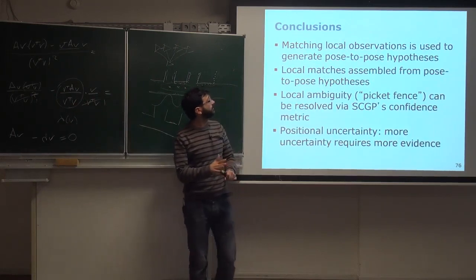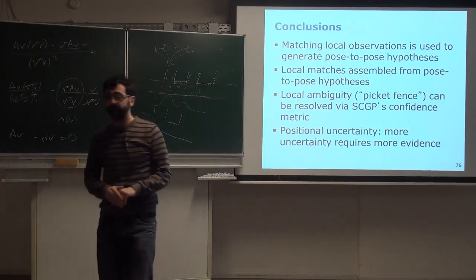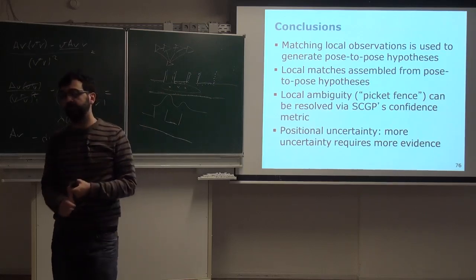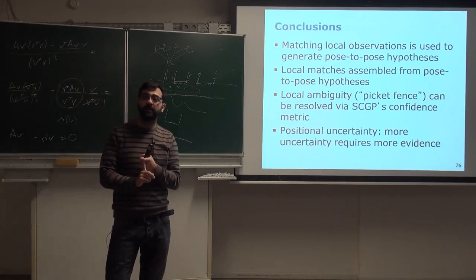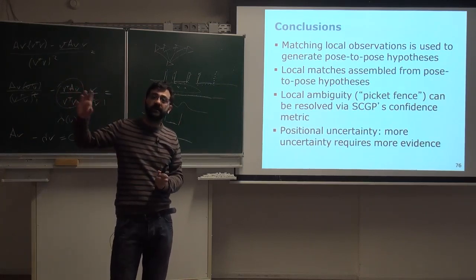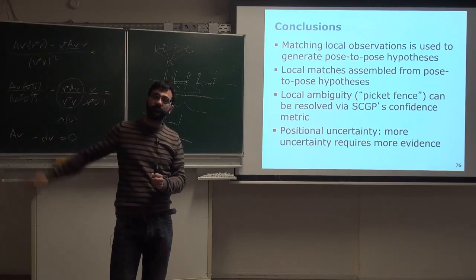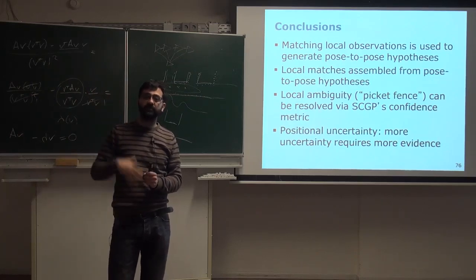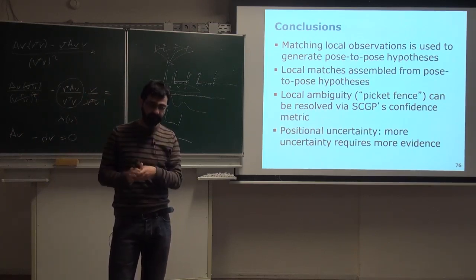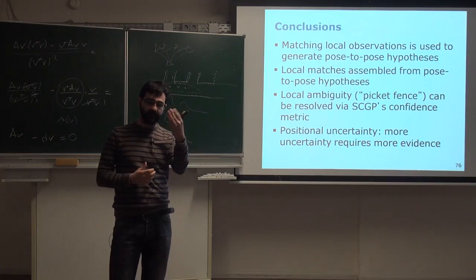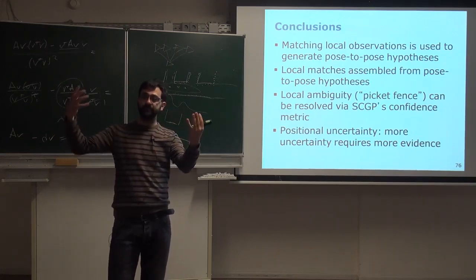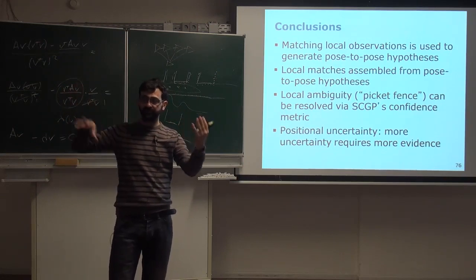So this is it for the front end part. What we've seen today is how to match data with each other, how to select which are potential candidates to be matched from a previous solution of a graph-based SLAM. So how to compute the uncertainties and how to check if the current sensor data can be matched to something considered uncertain.